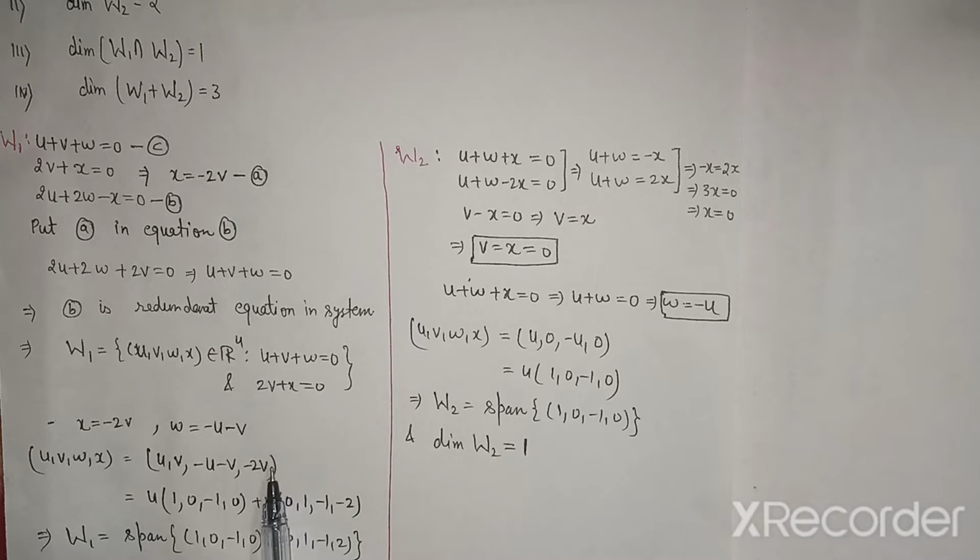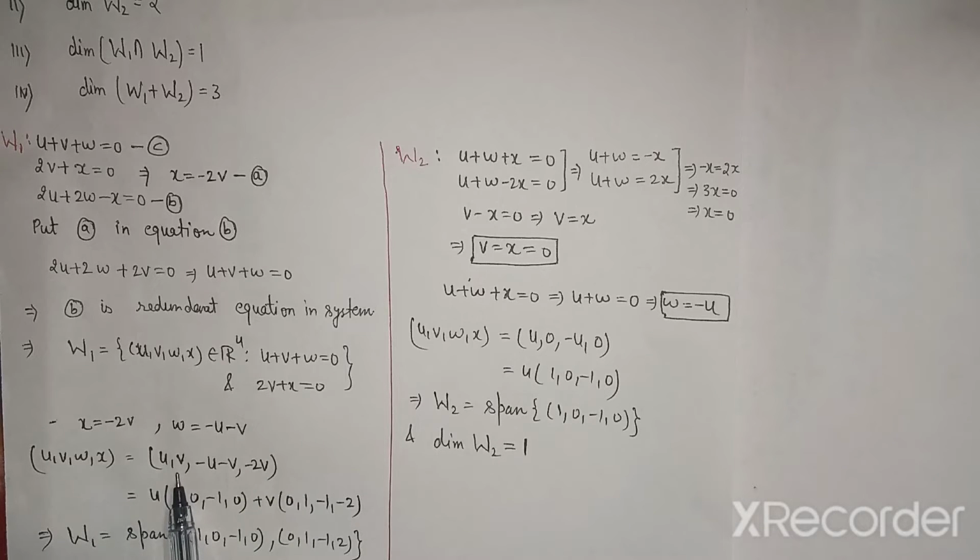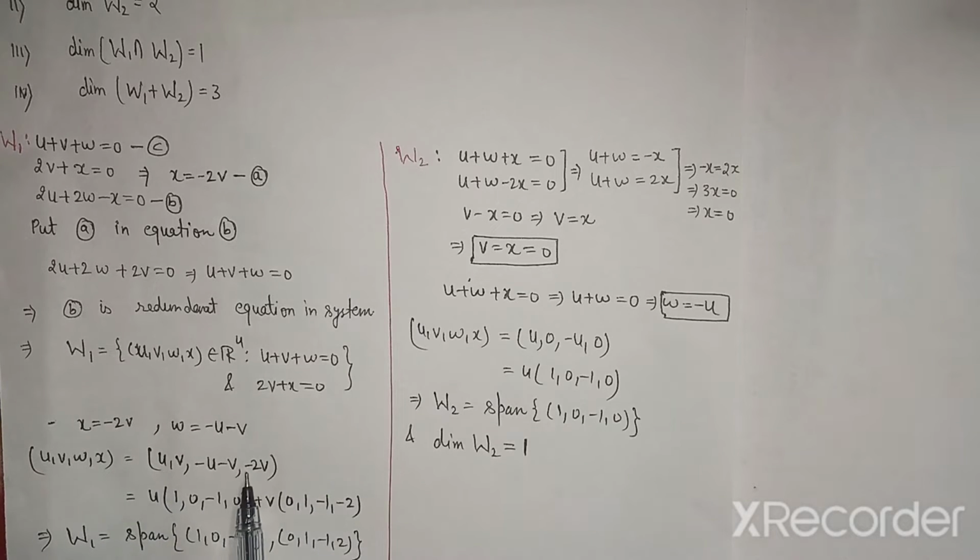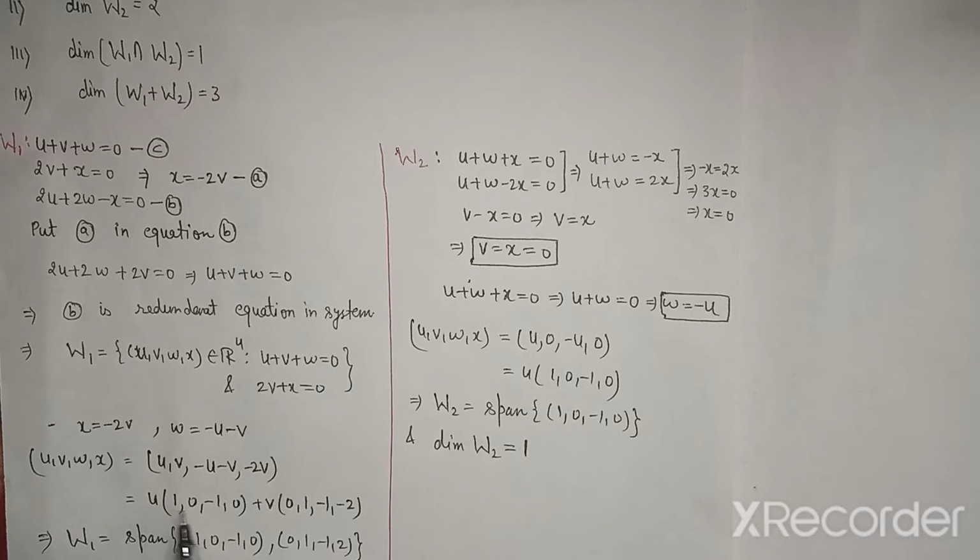When I put the values of x and w, I get this. Now there are only two variables, u and v. Taking u common, I write this vector, and then I take v and write this vector. This implies W1 contains all those vectors which are linear combinations of these two vectors, and both are linearly independent.